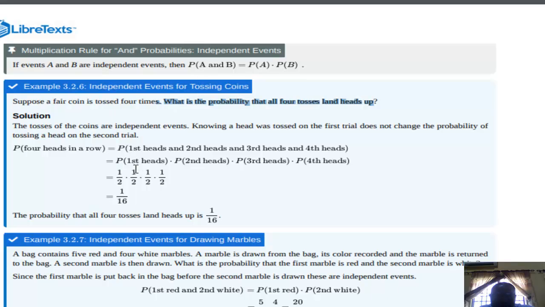Using the multiplication formula, it is the probability that the first trial is head multiplied by the probability that the second trial is head, multiplied by the third, multiplied by the fourth. So half times half times half times half is going to be 1/16.